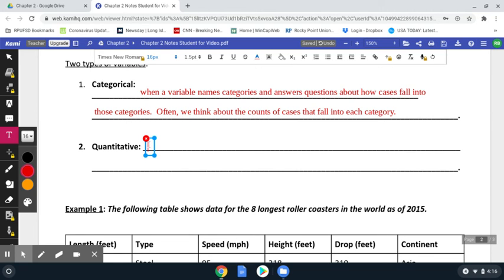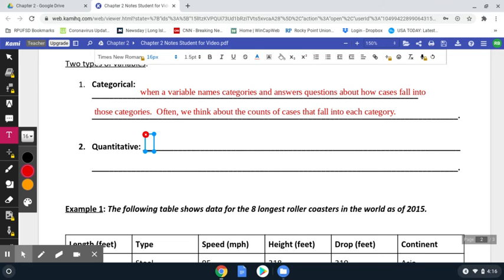Okay. Then there's quantitative, with the root word of quantity. We think of counts, right? Not counts. We think about some kind of unit of measurement. So are we talking about feet, miles, yards, if we're talking about length?